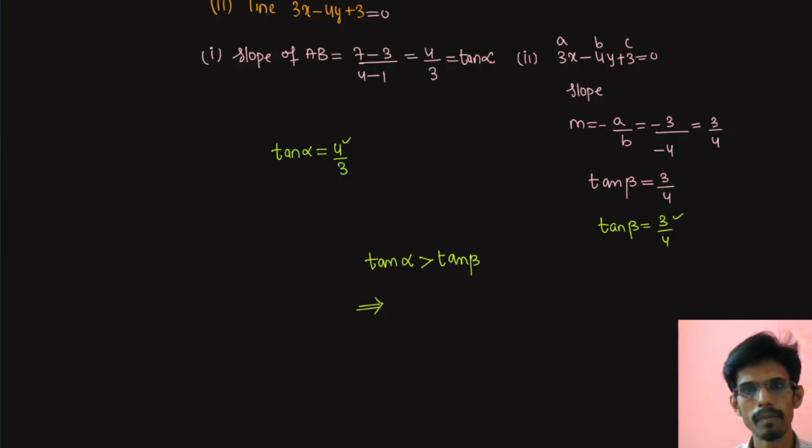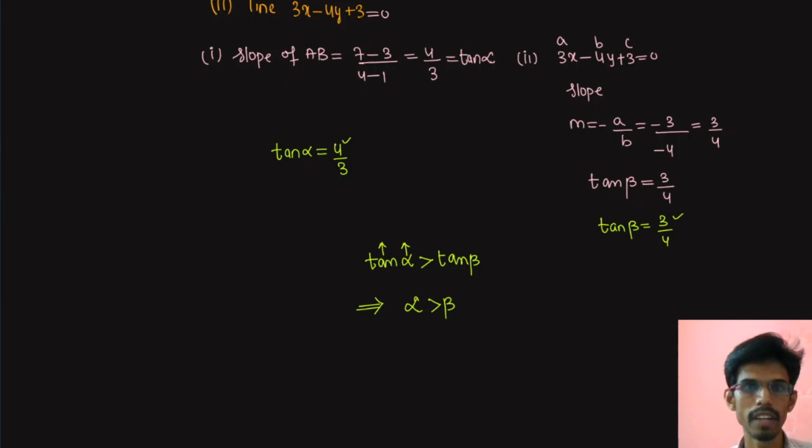So it means that alpha will be greater than beta, because tan alpha is proportional to alpha. When the angle increases, the value of tan also increases, right? So alpha will be greater than beta.